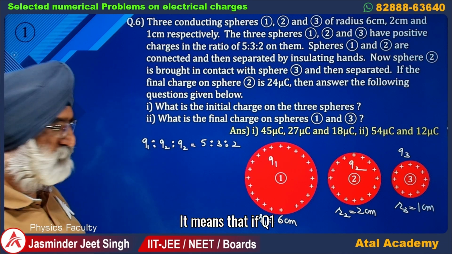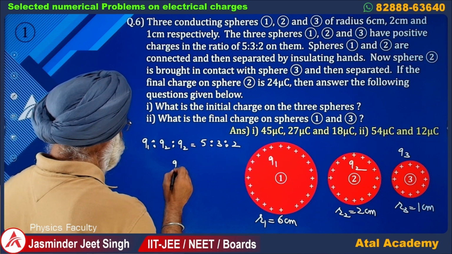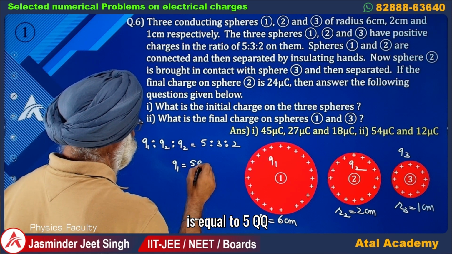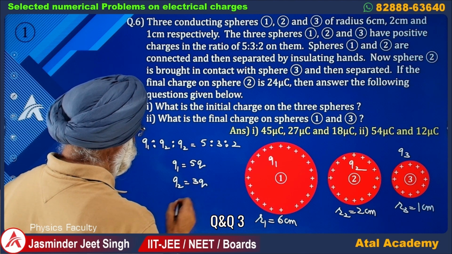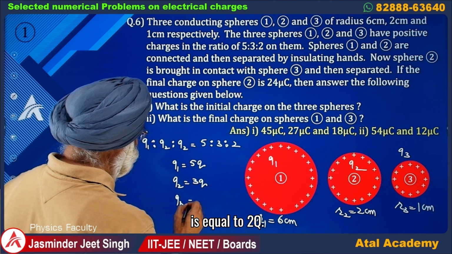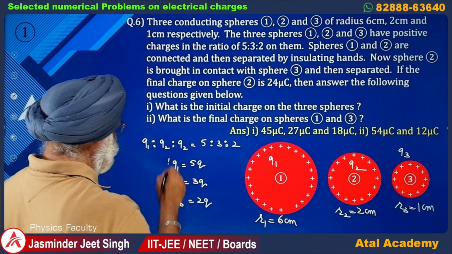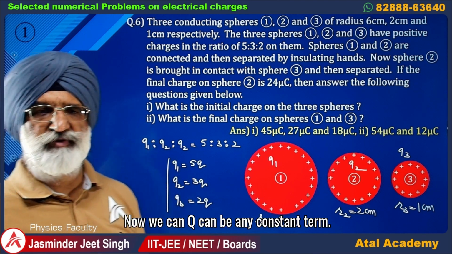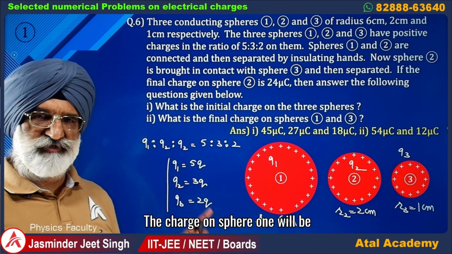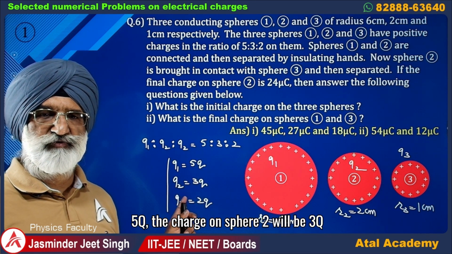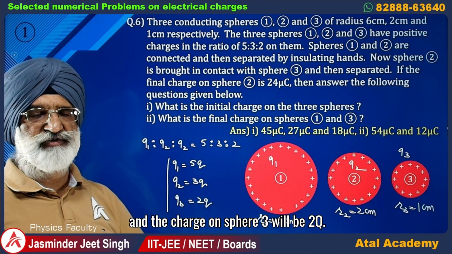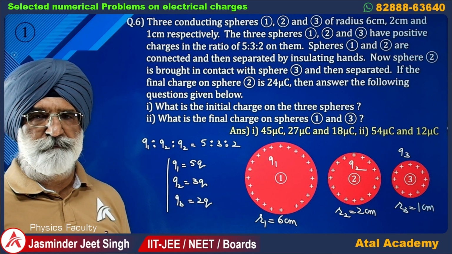It means that Q1 is equal to 5Q, Q2 is equal to 3Q and Q3 is equal to 2Q. Now Q can be any constant term. The charge on sphere 1 will be 5Q, the charge on sphere 2 will be 3Q and the charge on sphere 3 will be 2Q.